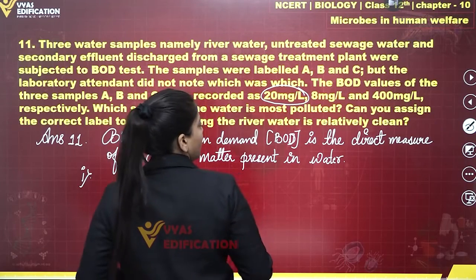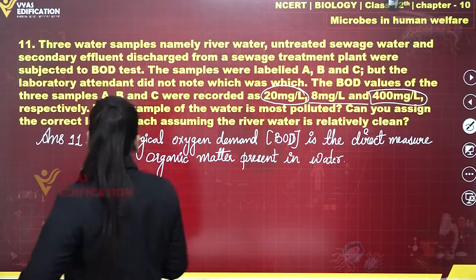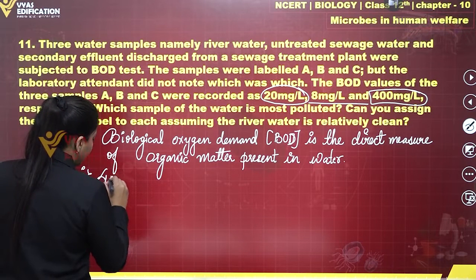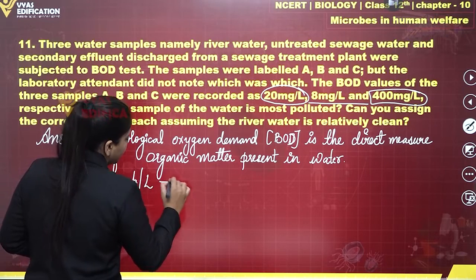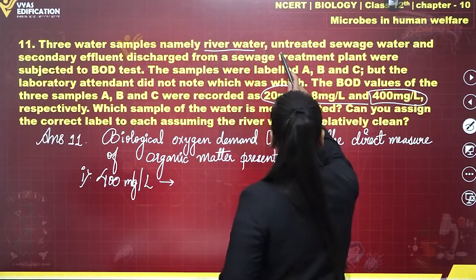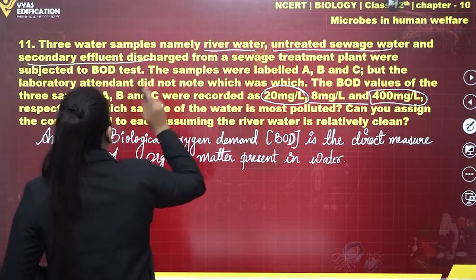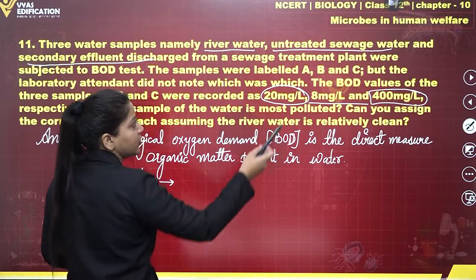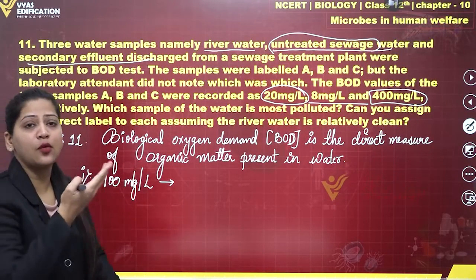What is the highest value of BOD among these 3? It is 400 milligram per liter. Is it given to river water? Is it given to untreated sewage water, or to secondary effluent discharge from sewage treatment? Of course, it is untreated sewage, because the BOD level is so high.